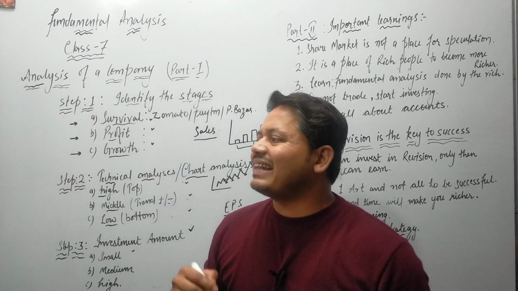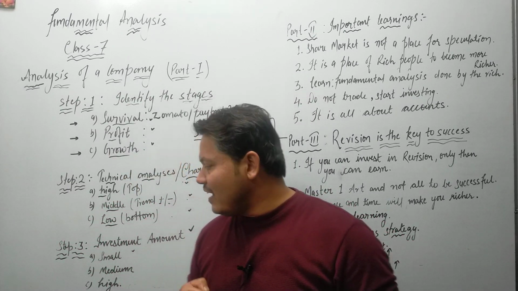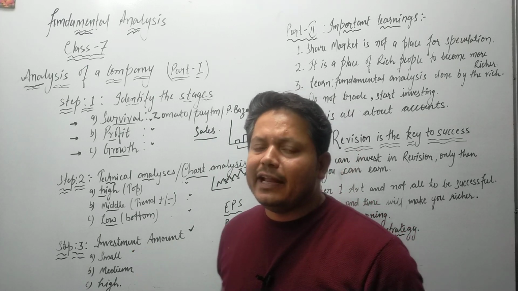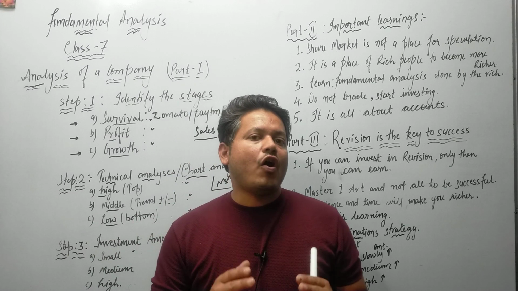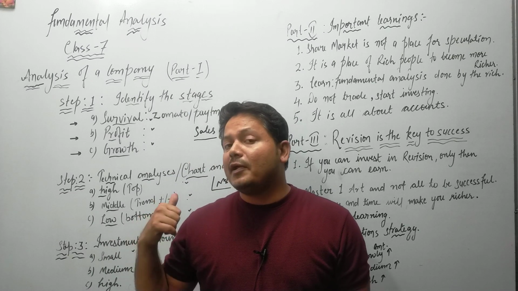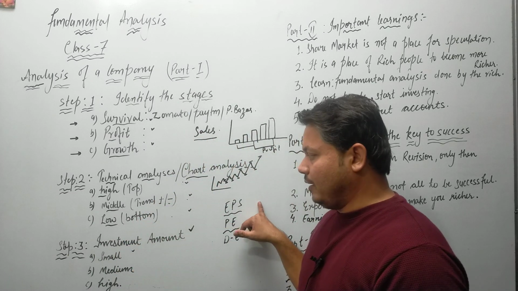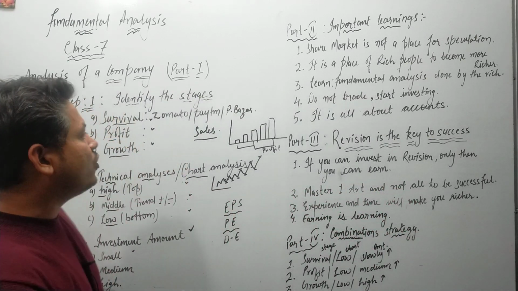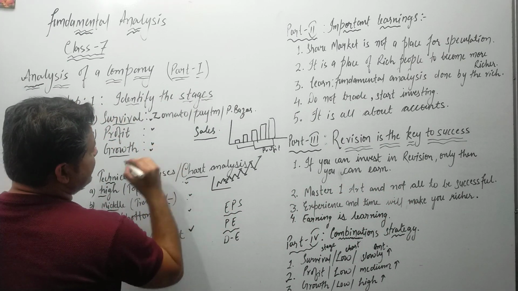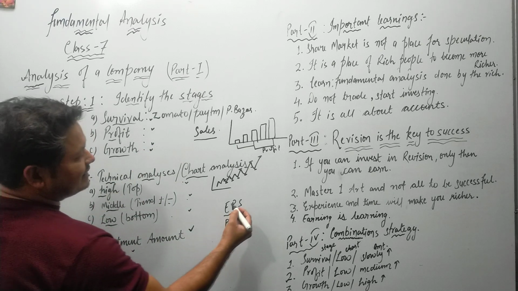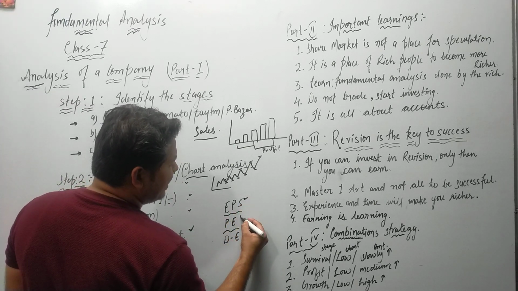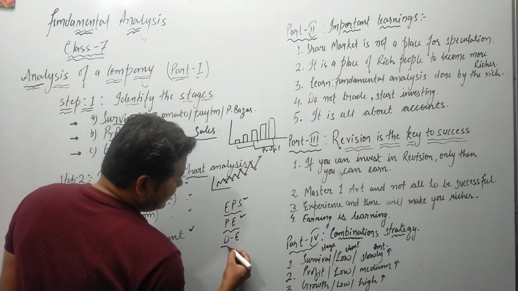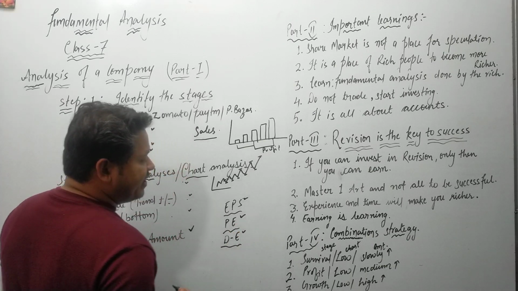If the profits are consistent, you can invest a small to medium amount depending on the size or the earning per share of the company. Okay, then if the company is in growth stage, then look at the EPS, compare the PE with the industry, and finally the debt equity ratio.